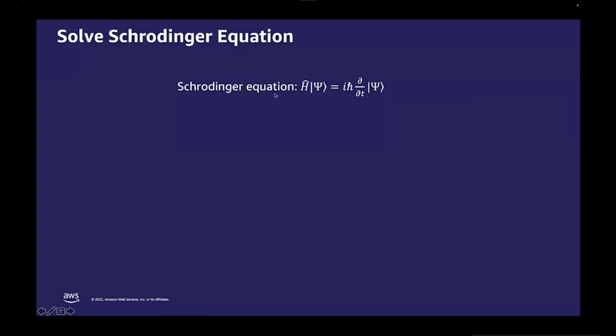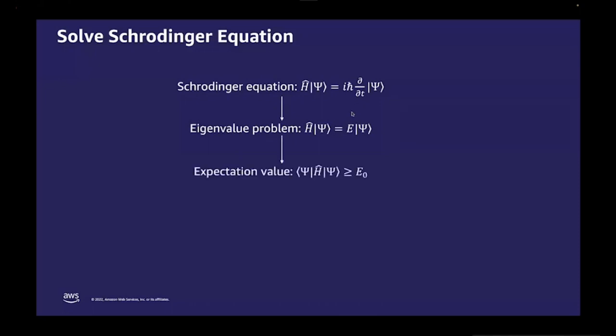Here, H is acting on our wave function, which gives a specific energy. You can consider it as a numeric value times our wave function. Then we can see that this clearly takes the form of an eigenvalue problem, because the smallest value here can be the ground state energy.